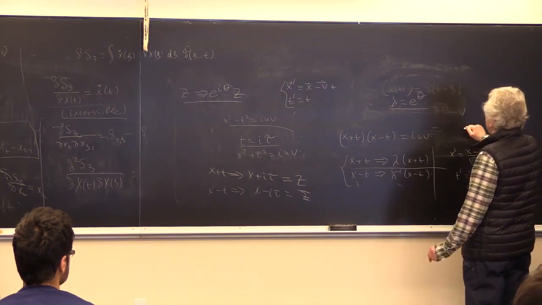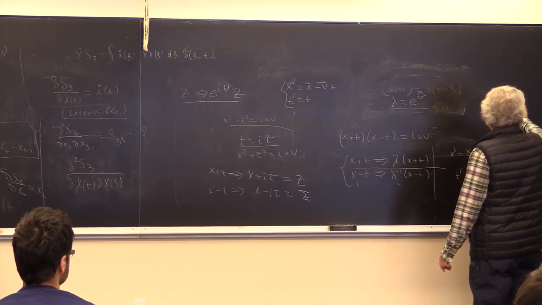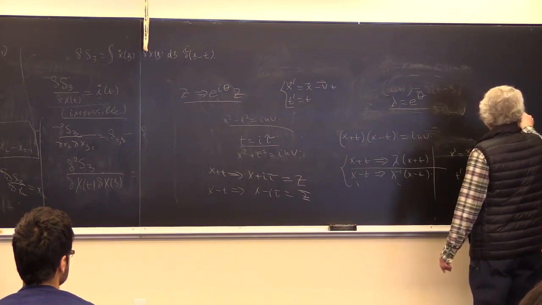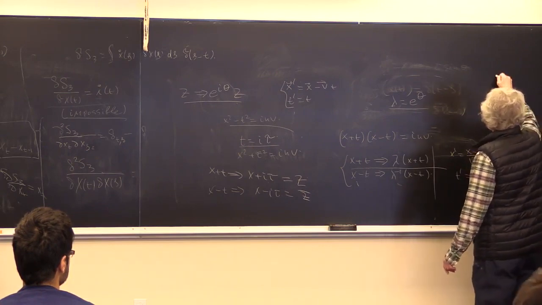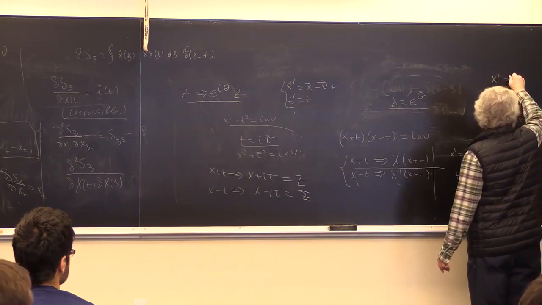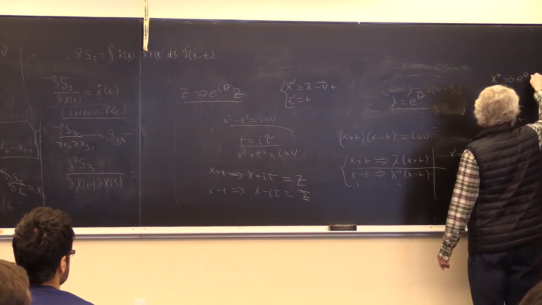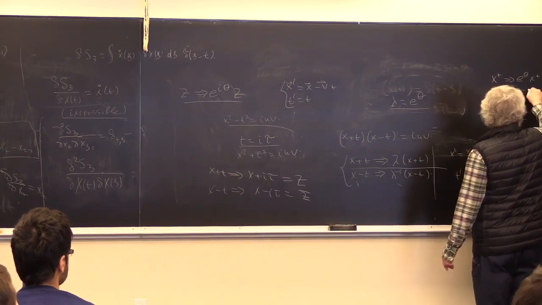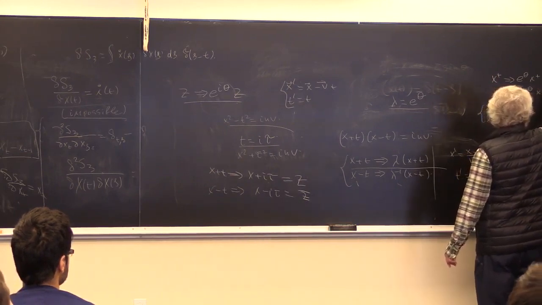let's introduce two light cone variables, x plus t and x minus t, and the Lorentz transformation is x plus goes to e to the theta x plus, x minus goes to e to the minus theta x minus.